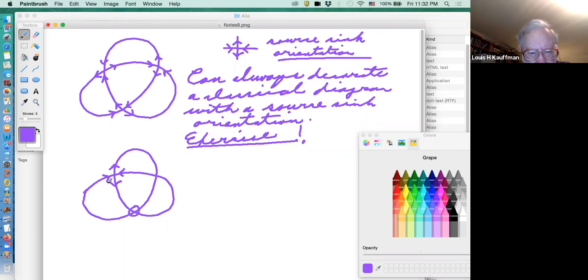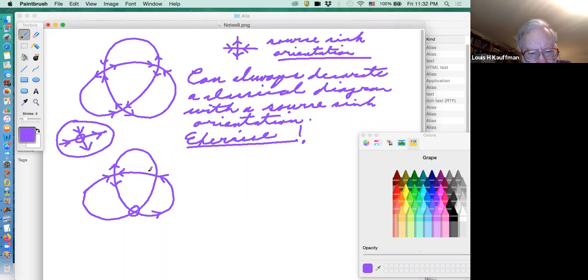Now, presumably with a virtual crossing, if it's going along, it continues along. There is no other orientation for the virtual crossing other than just continuing on through, because it isn't there, right? It's just as though these two lines were separate from one another. So that means that if this is going to be a virtual crossing, then this arrow goes right through it and comes over to here, right?